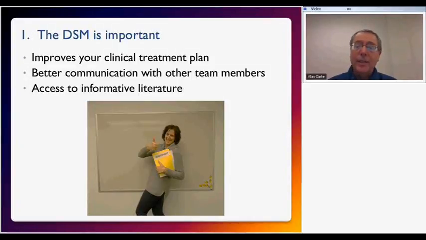One of the things I think that the DSM helps us do is go beyond just the obvious symptoms that a person has. We can start looking at comorbid symptoms and other issues that may go on with the individual, because the DSM prompts us to look at other pieces of the clinical picture.